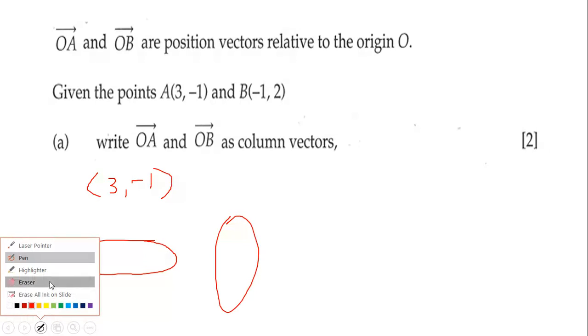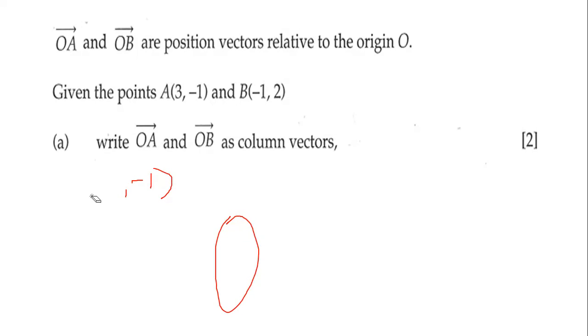So let us consider the column representation of this. We're going to take 3 and -1, and we're not going to write it in a horizontal form, but in a vertical way.